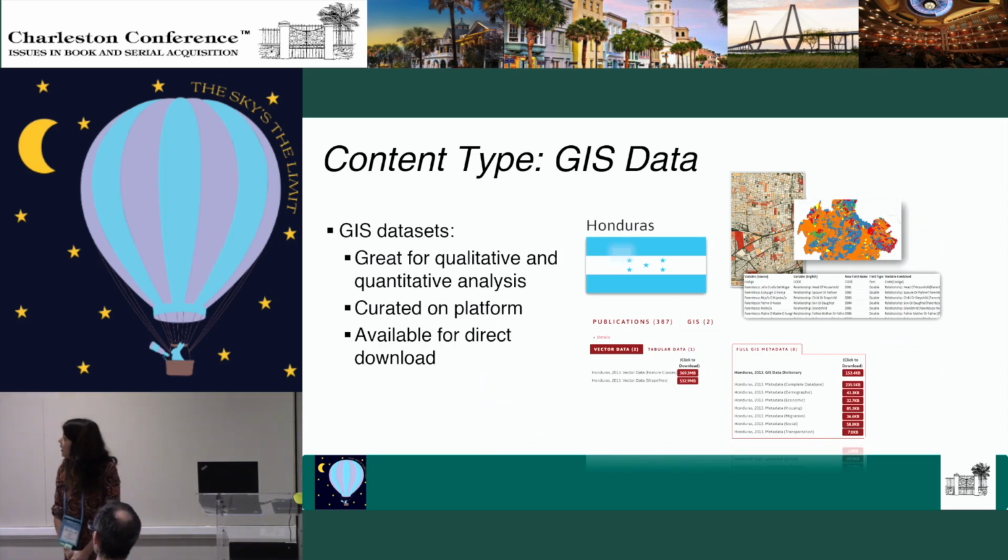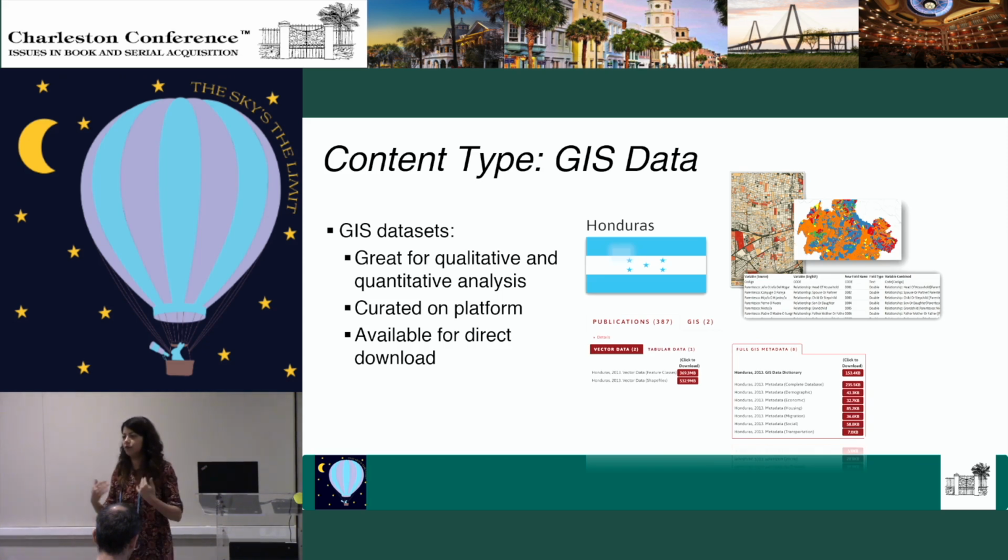And then finally, the GIS data is available for download on the platform if the institution subscribes to it. And these are also categorized and cataloged in a thematic way. We have the demographic, economic, housing, migration, social, and transportation data in terms of shape files.